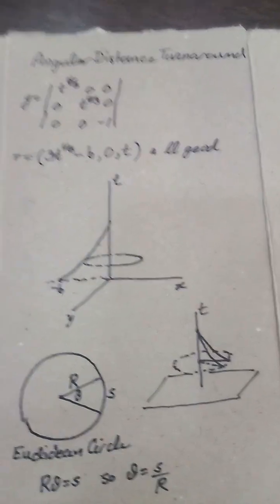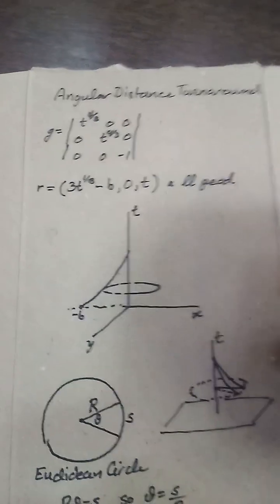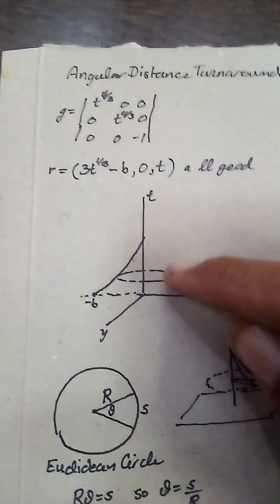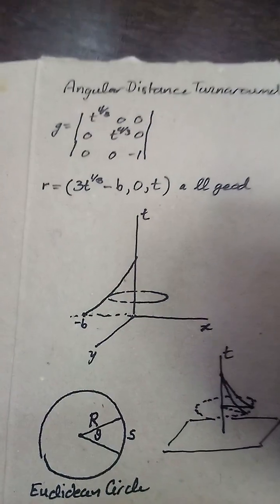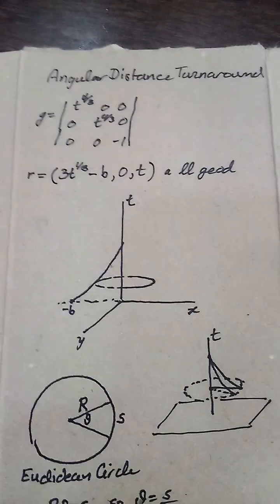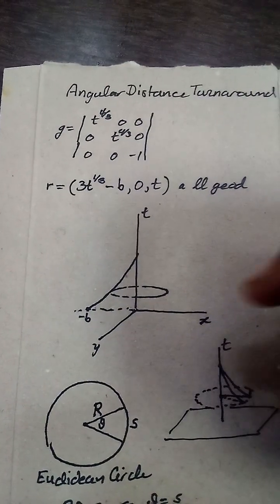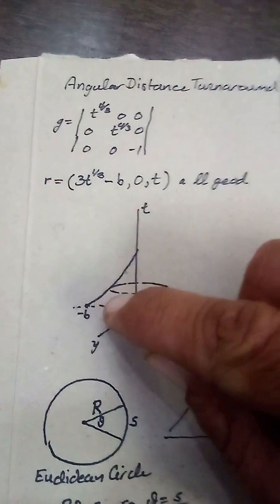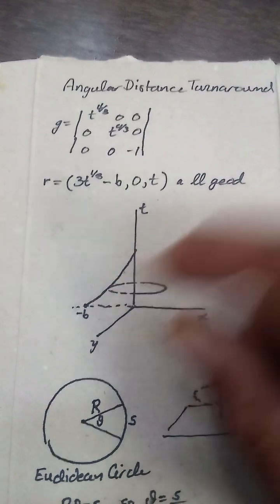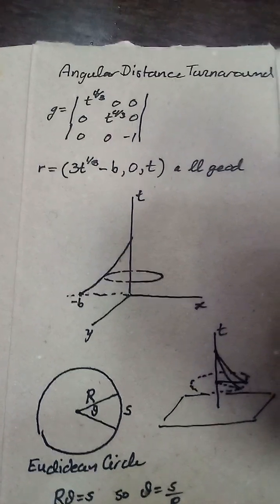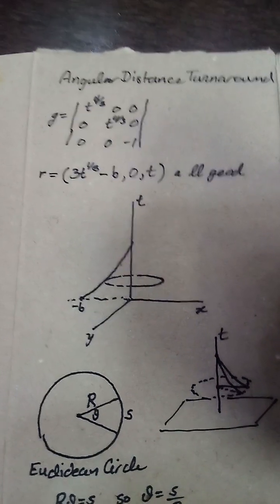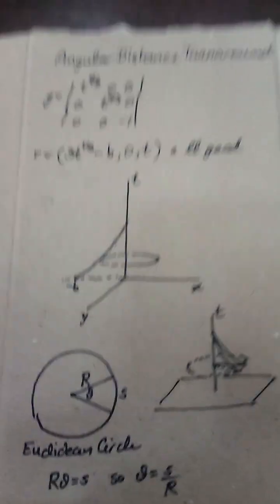Now, let's say at this time, where this circle parallel to the xy plane is drawn, there's a little something of a certain finite size. Then from either end of the thing he'll get a light signal.